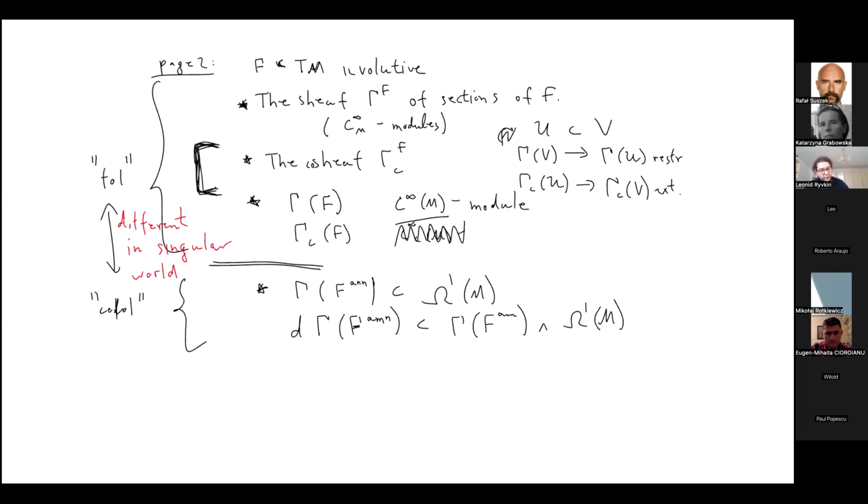And we are going to focus on the foliation version, so where we generalize the sections of F and not the sections of its annihilator.